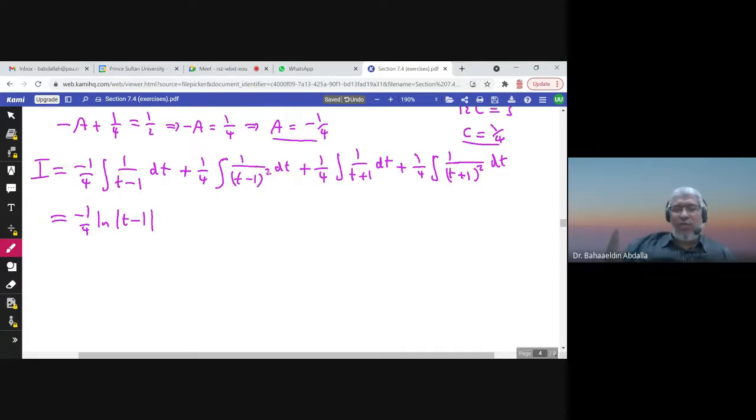It would be t minus 1 to the power negative 2. The integral would be negative 1, so negative 1 over 4, 1 over t minus 1. All right. Plus 1 over 4 ln t plus 1. And this is similar. Negative 1 over 4, 1 over t plus 1 plus c.